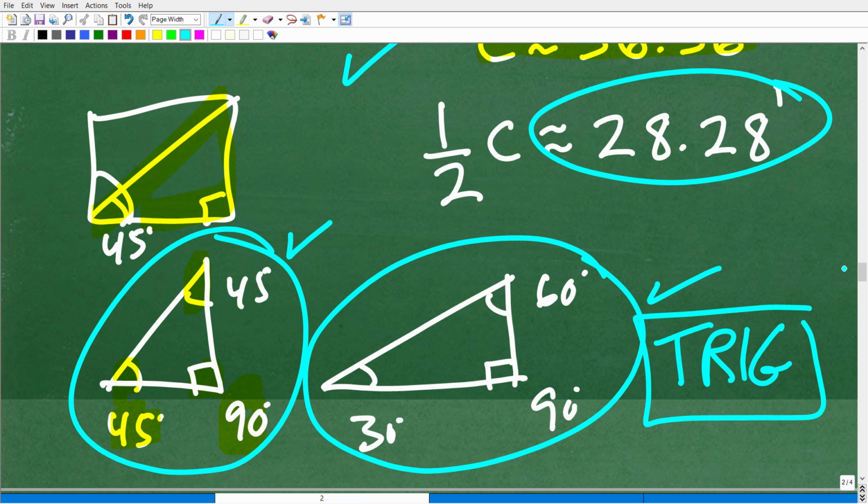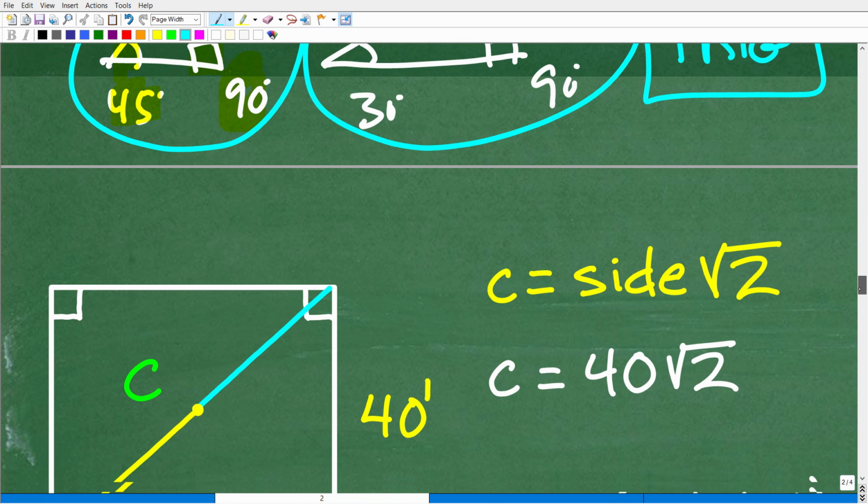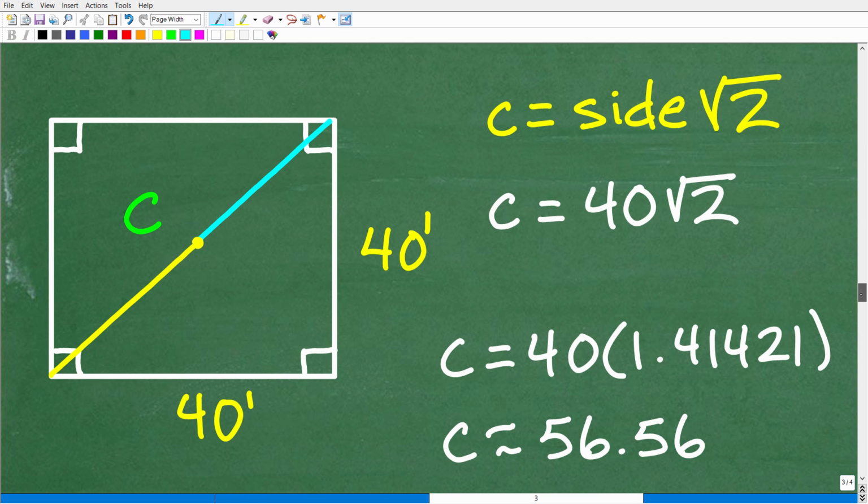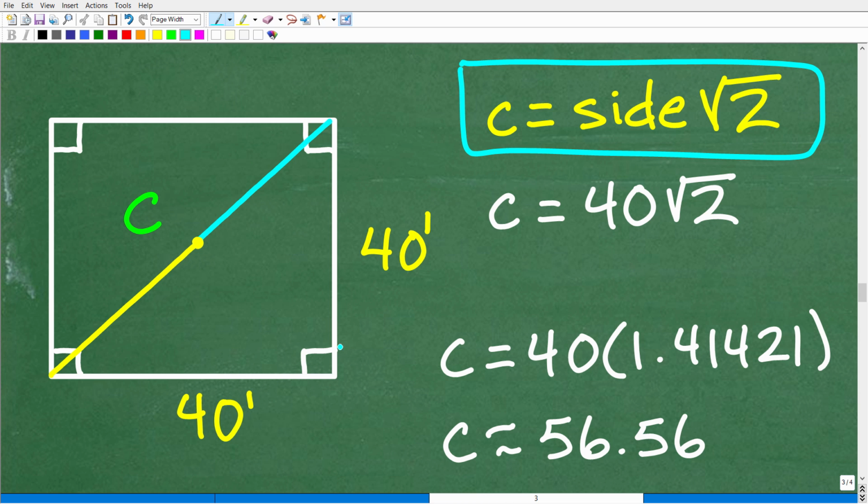And within my pre-calculus course, I really teach heavy-duty complex trigonometry. But let's go ahead and take a look at this particular formula for a 45-45-90 special right triangle. Okay, so the formula is this, and this is the problem. This is the situation that we have.